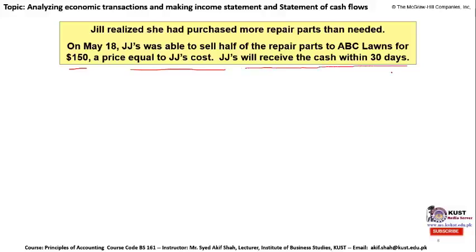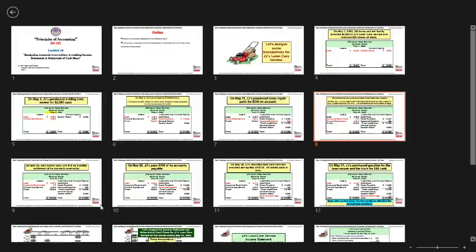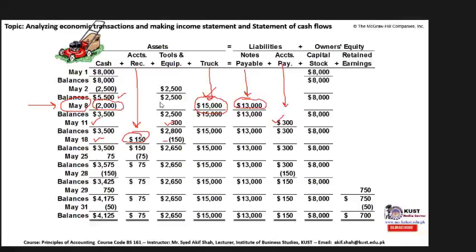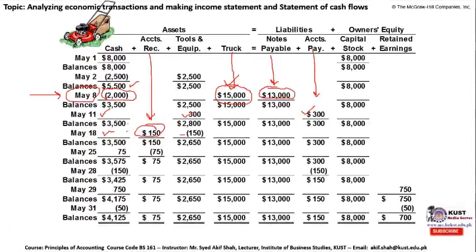It means that JJ did not receive any dollar against this transaction. This is the reason that it has been mentioned as account receivable $150. In the same fashion, the May 25, May 28, and May 29 transactions have been conducted.